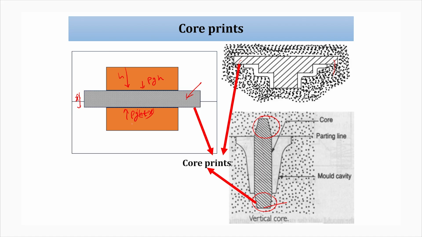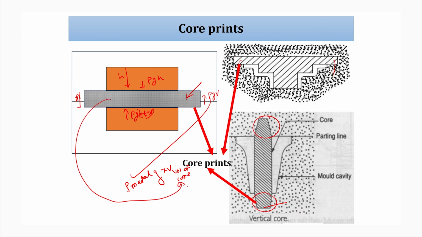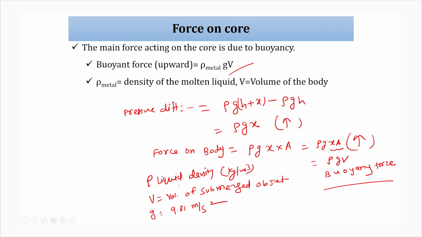So you are applying a force, the buoyant force, rho g V. Rho is the density of the molten metal, rho metal, g, and V is the volume of the core. Where is it acting? On the core, isn't it? That much force is acting. And what is the direction? It is the upward direction.